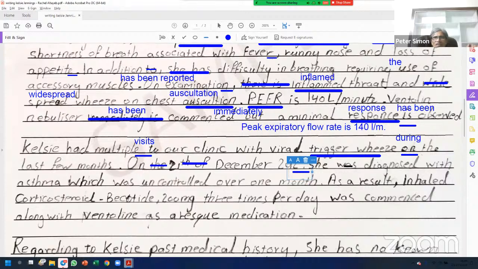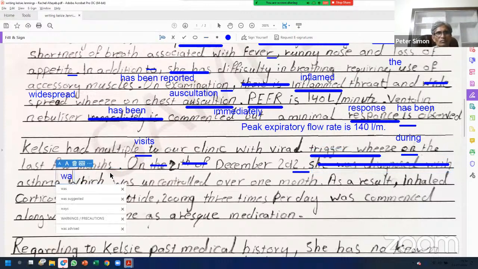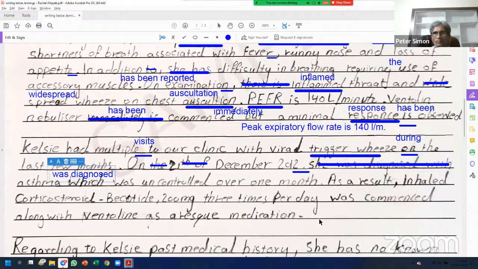She was diagnosed with asthma. Was diagnosed. Why all this? Asthma was diagnosed. Asthma, which was uncontrolled over 1 month, was diagnosed. Okay, asthma was diagnosed.